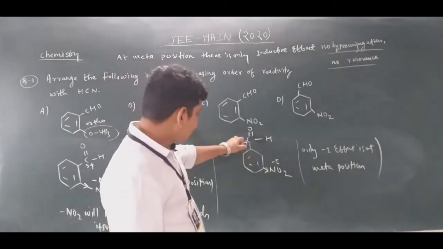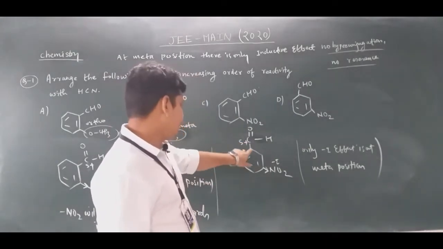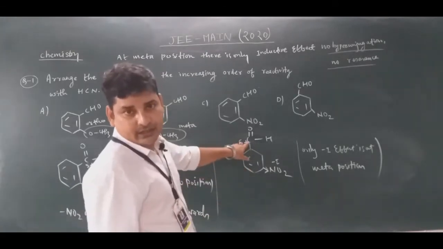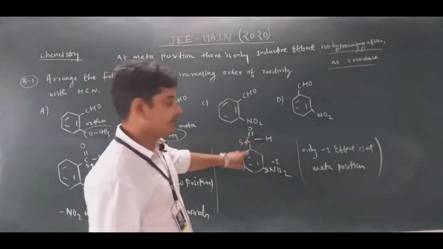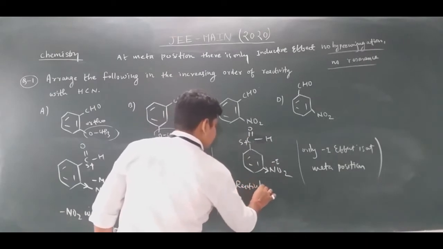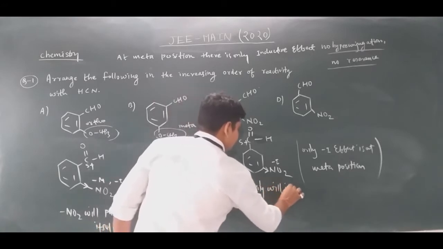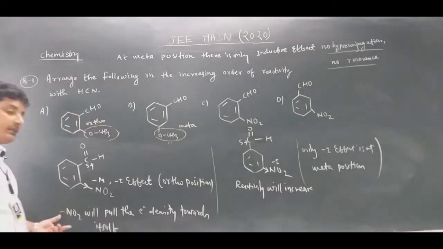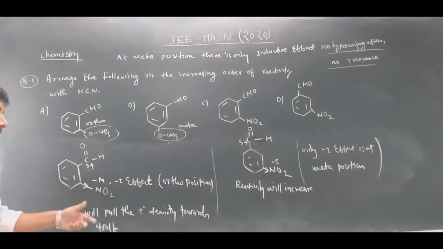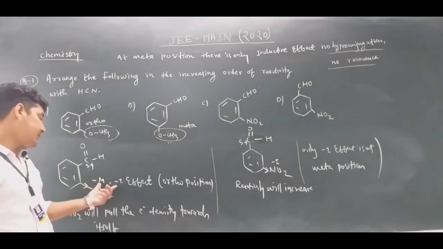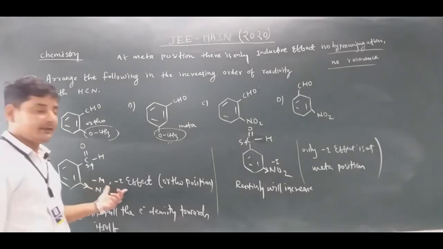Electron is withdrawn, the partial positive charge will increase, therefore the reactivity will increase. So here reactivity will increase, here also reactivity will increase. But where will reactivity increase more? Here, two phenomena are operating, one is minus M and one is minus I.